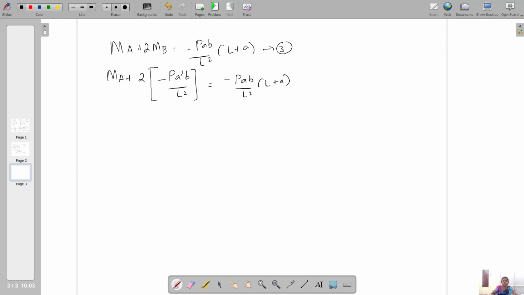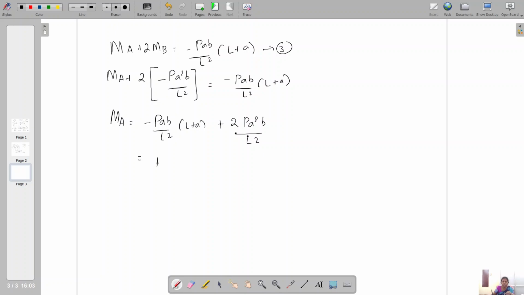I am going to bring this term to the right side, where MA equals minus PAB by L square into L plus A, plus 2PA square B by L square. So this minus becomes plus.